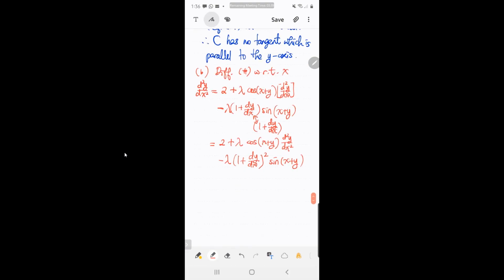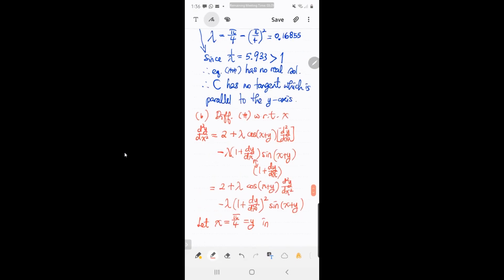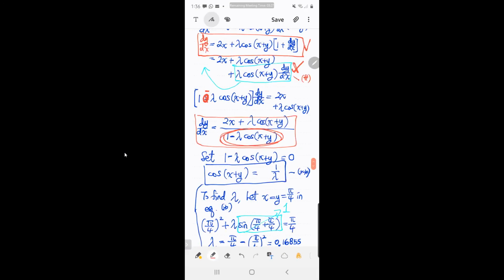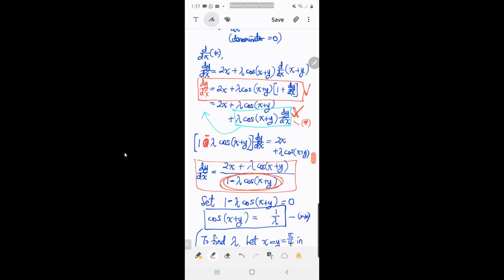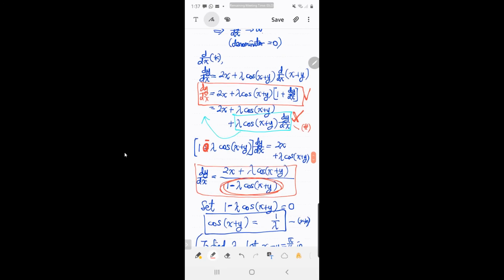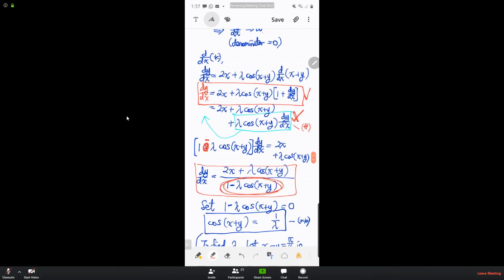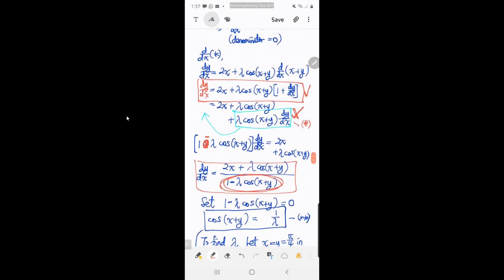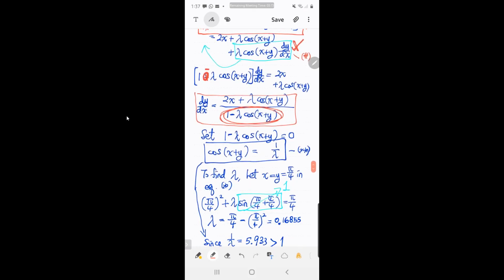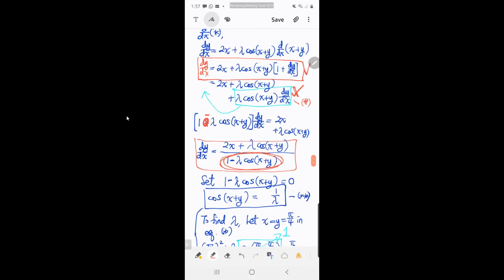So let x equals y equals pi over 4 in the first part. First part result, you have the dy dx, right? So you get the dy dx first. And they want the value in terms of lambda, so you don't put lambda first. You keep your answer in terms of lambda.